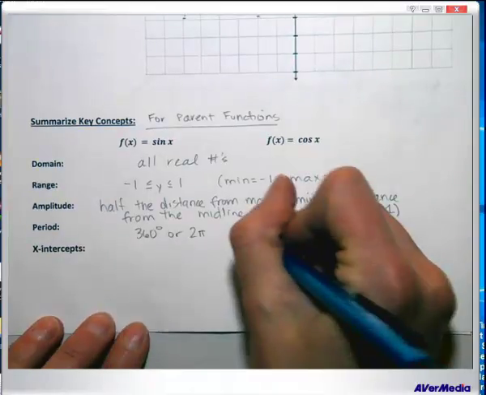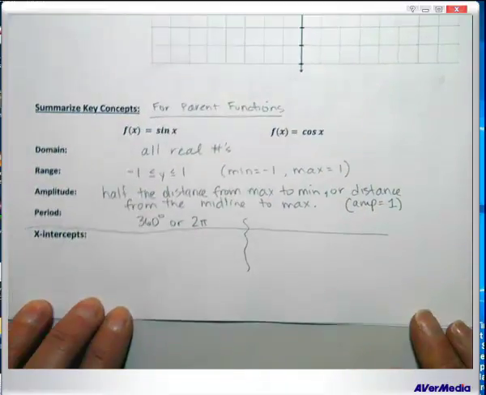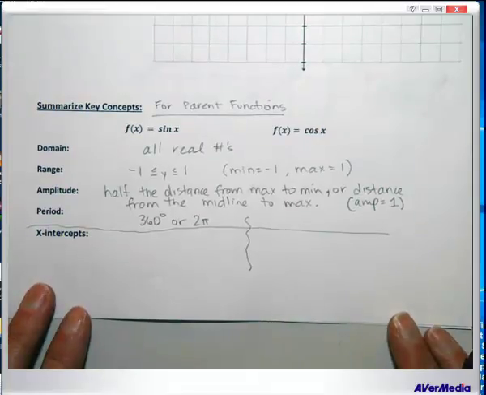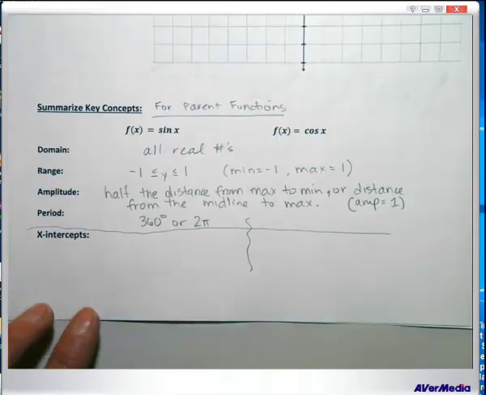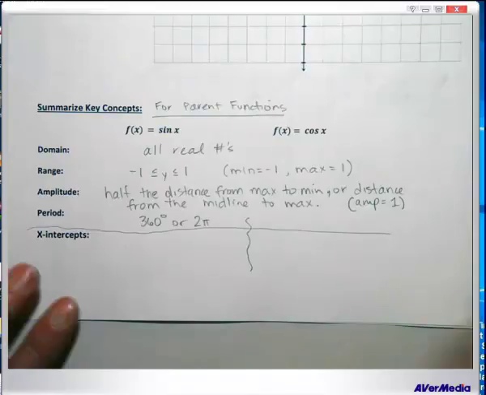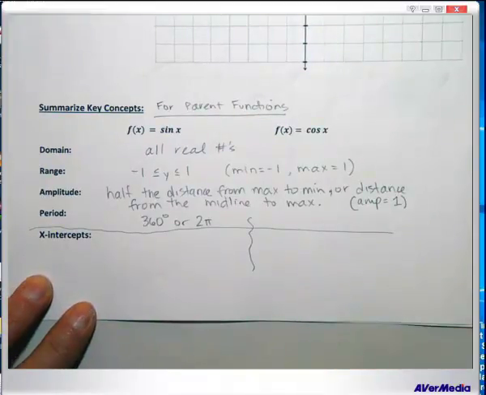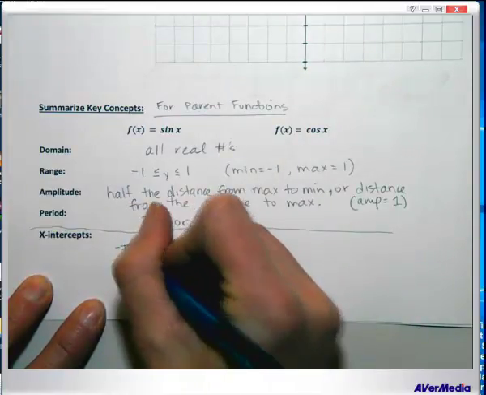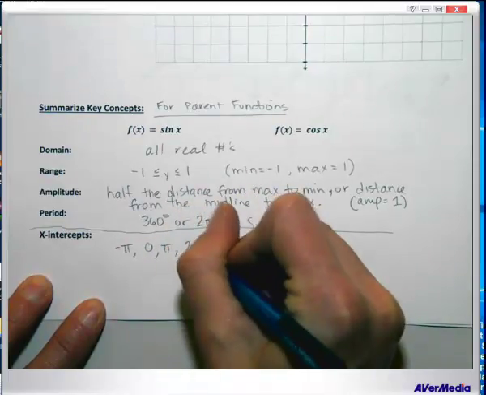Now where they are different is when we start to talk about the x-intercepts. Elliot, if you could look back at your graphs for the sine function and list off what the x-intercepts are in radians, please. Like where it crosses the x-axis. Okay, negative pi, 0, pi, 2 pi, negative 2 pi.